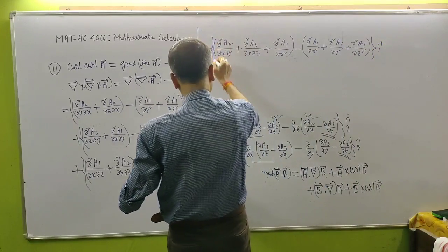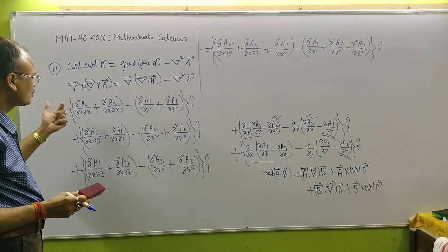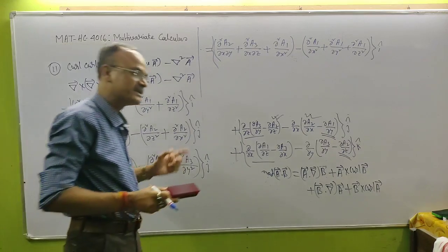Assume A vector has continuous second order partial derivatives.